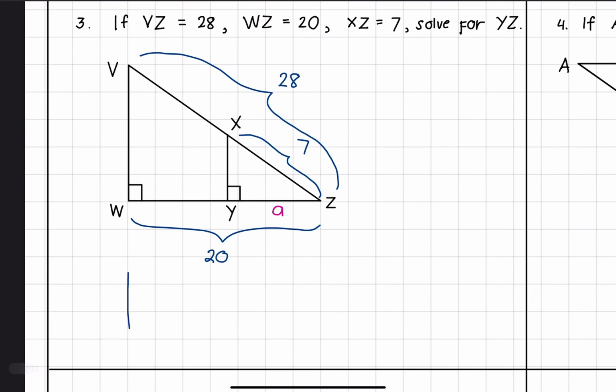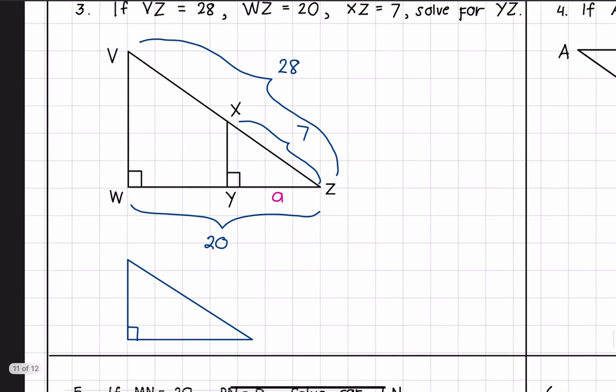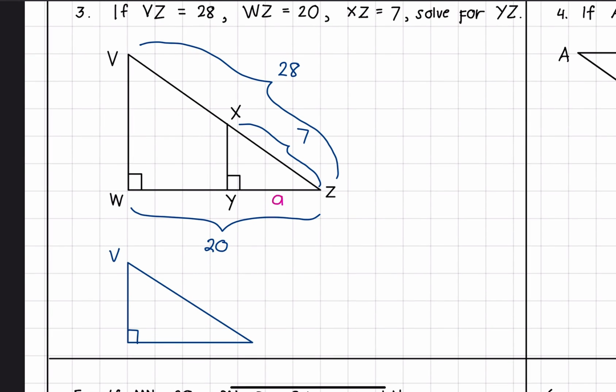We have VWZ. We know that VZ measures 28. So I'm going to label this as 28. Okay. And WZ measures 20. So I'm going to label this as 20.